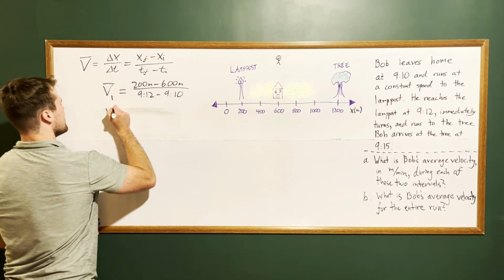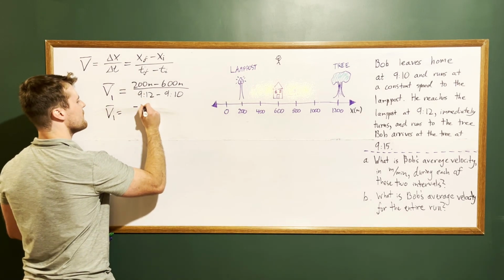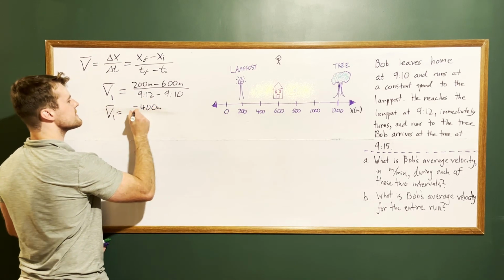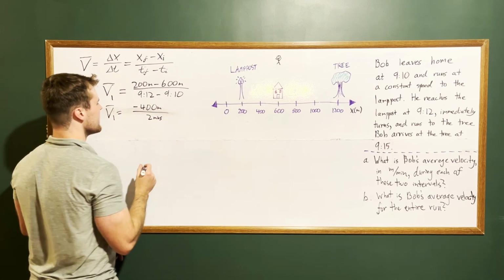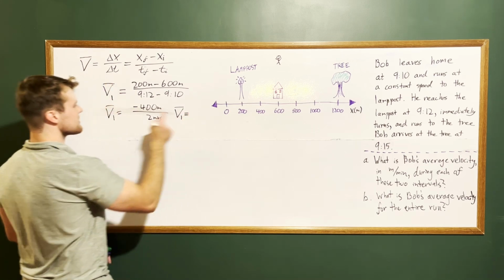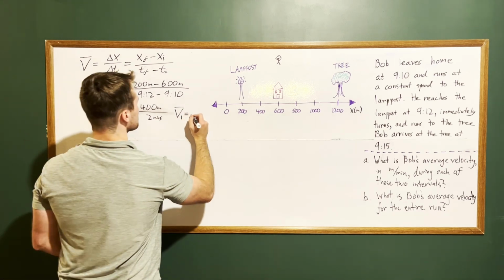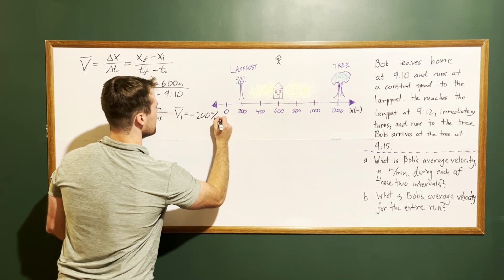So this simplifies down to V bar 1 equals 200 minus 600, which is negative 400 meters, divided by 2 minutes. Dividing this, V bar 1 equals negative 400 divided by 2, which is negative 200 meters per minute.